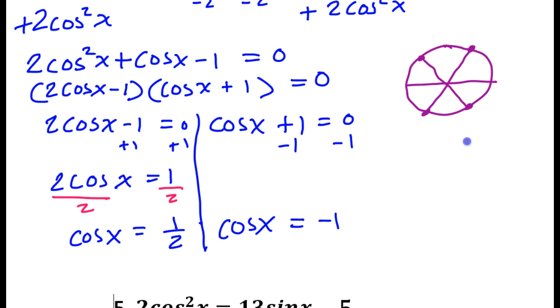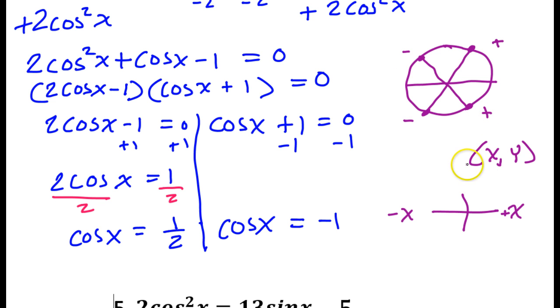Remember, cosine is the x value on a unit circle. Positive x is to the right and negative x's are to the left. So these 2 are negative and these 2 are positive for cosine. We want the positive ones only because this is a positive 1/2, so that's going to be this angle and this angle.